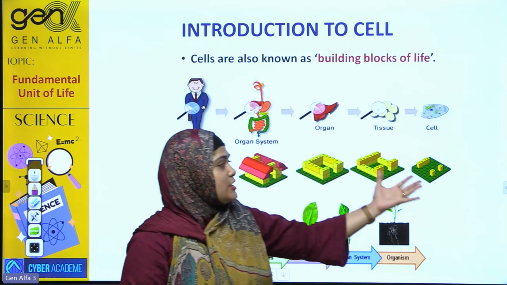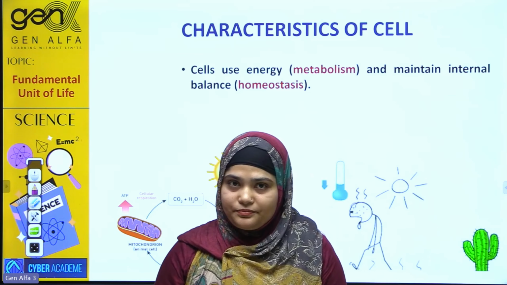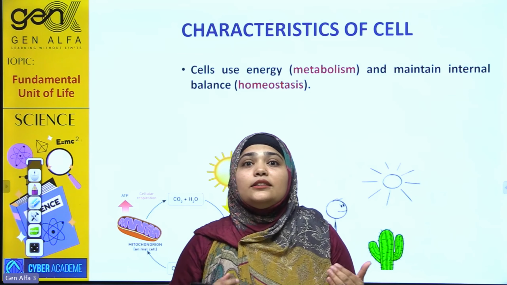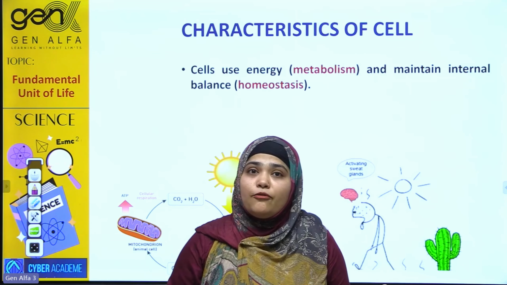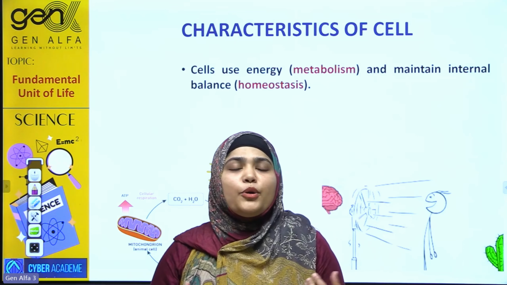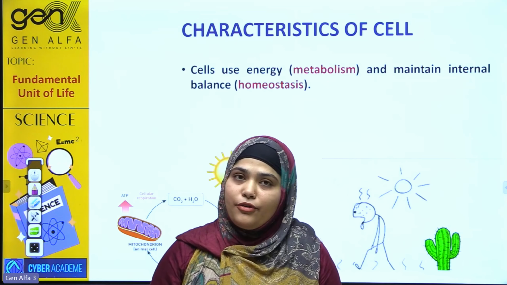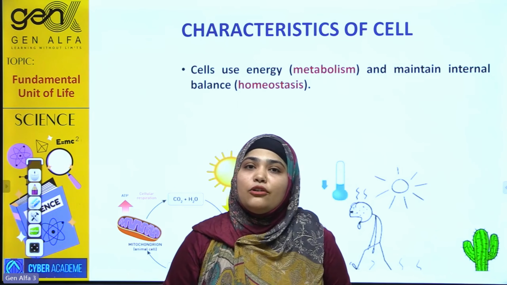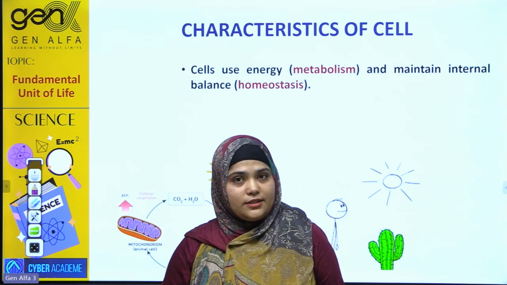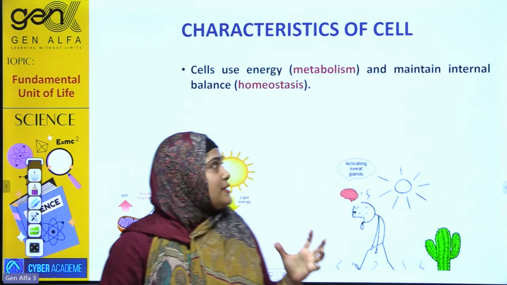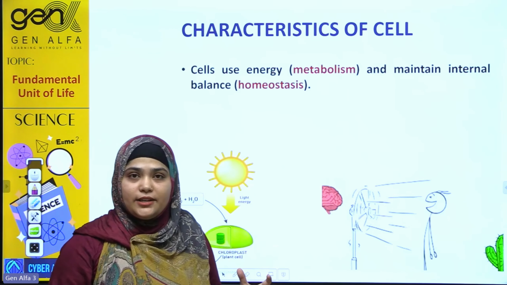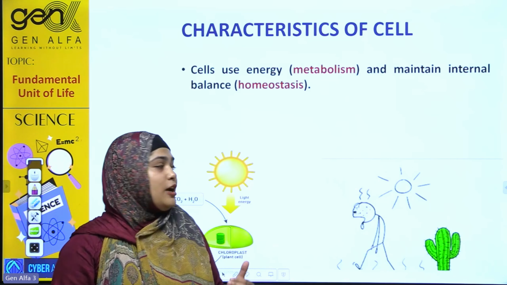What happens in this? The food, that is glucose, which is actually manufactured in your body, is broken down to release energy. And also, this metabolism is helpful for the manufacturing of proteins and DNA, and of course, for the excretion of waste products. Clear? So basically what will happen? Cells use energy by the metabolism.